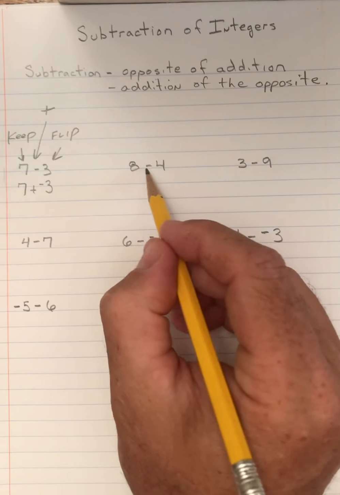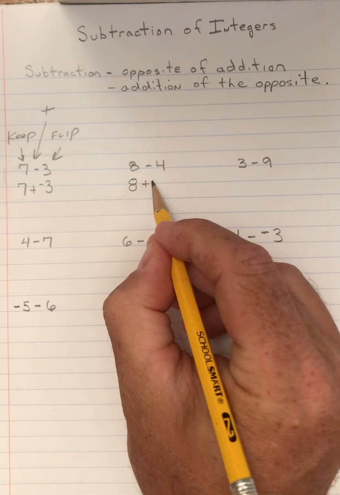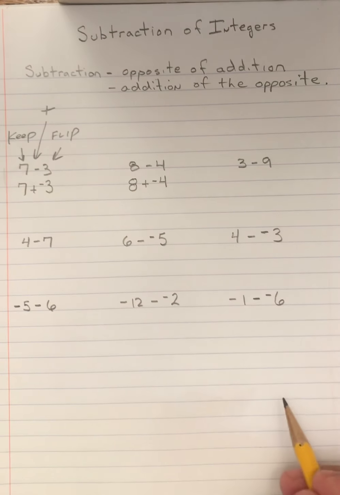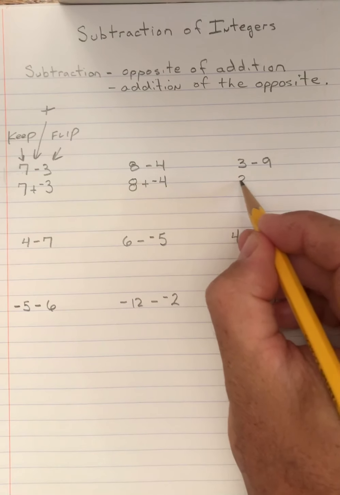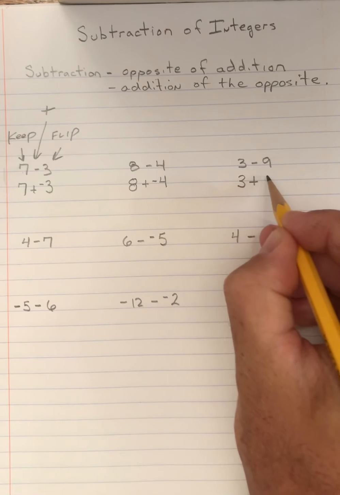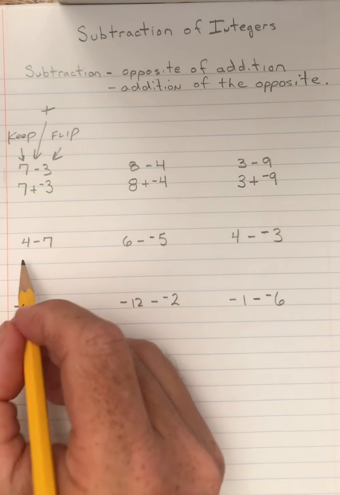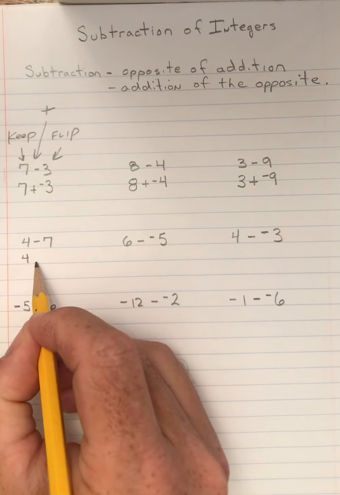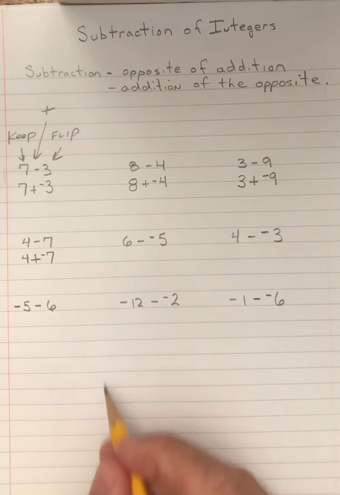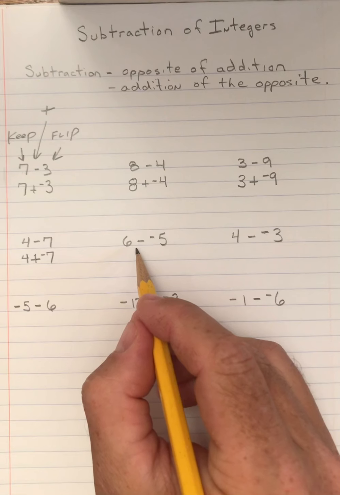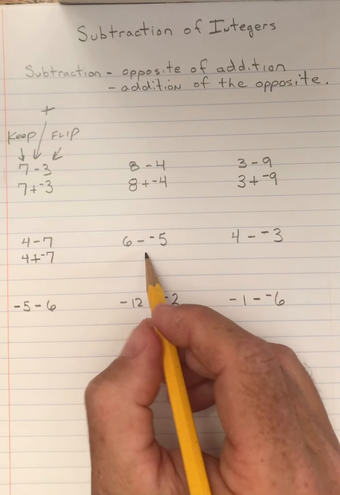Here's another example. 8 minus 4 becomes 8. That's keep. Change to addition, flip the sign of the second one. Same deal here. 3 minus 9, that's the same as 3 plus -9. Okay, a similar one. This is 4 plus -7. Here's another one. These start to get a little trickier once you throw some extra negatives in here. This is 6 minus -5.